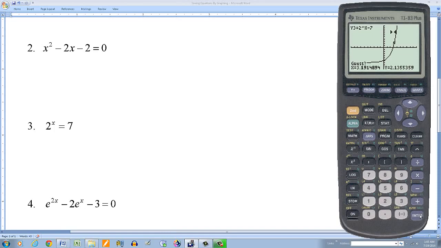For the guess you can ignore, and here it is, x equal to 2.807, and so on, y equals 0. So if I run this out to say 3 places, my solution to this equation here is 2.807 to 3 places, 2.807. That's my solution.